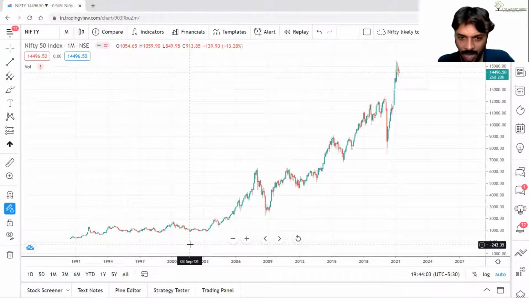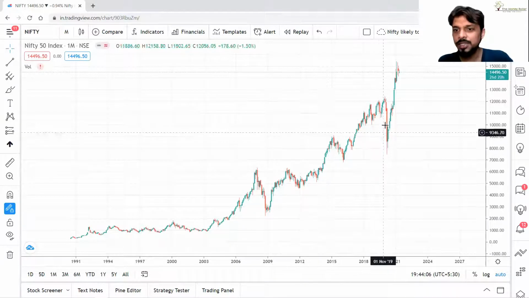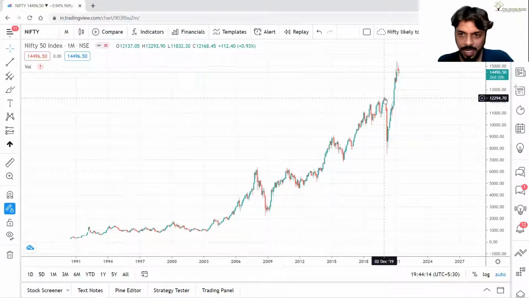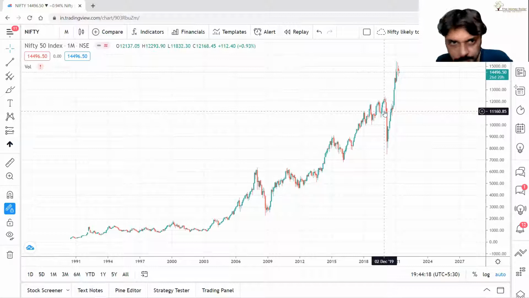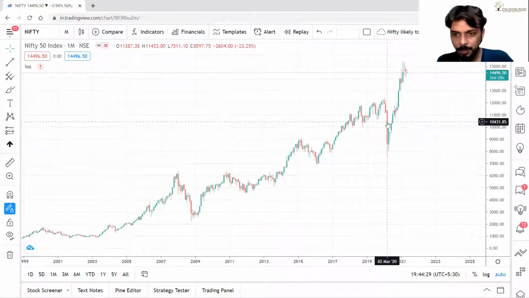Now, have a look at this over here. Let's check this. On 2nd of December 2019, close was 12,168. And after that, there was the famous Corona fall. In the month of March, close was 8,500.